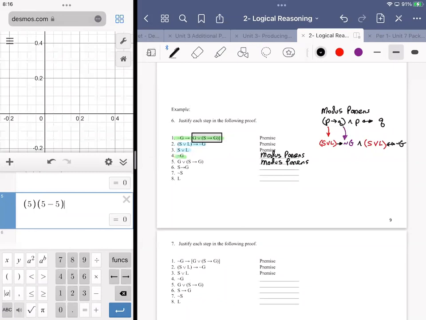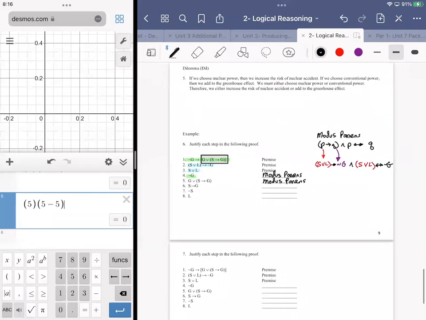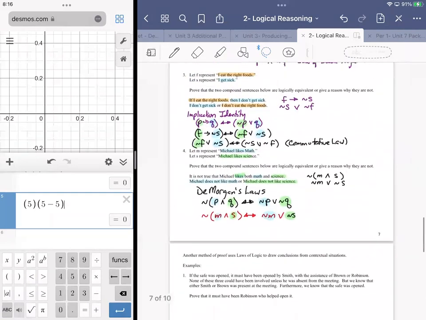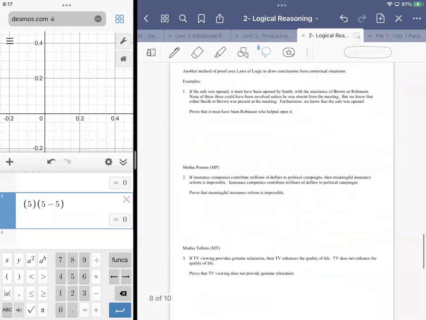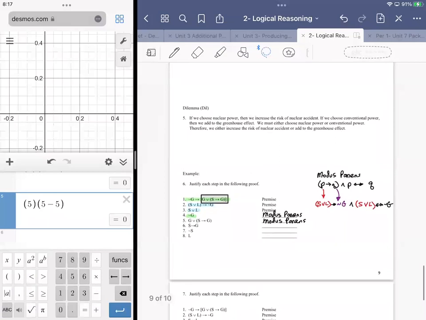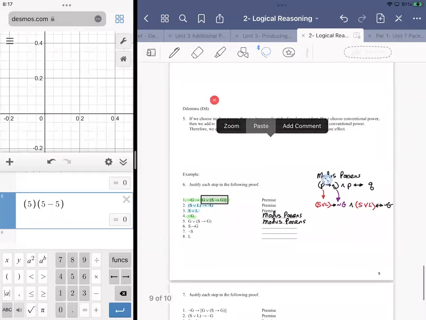The next justification is something that we haven't actually seen. Let me see if I can paste in my list again. Nope. It's the law of disjunctive inference, but let me go back and get the list again, just so I have something to point to. I guess it really doesn't matter where I put it because all these other problems are irrelevant now.